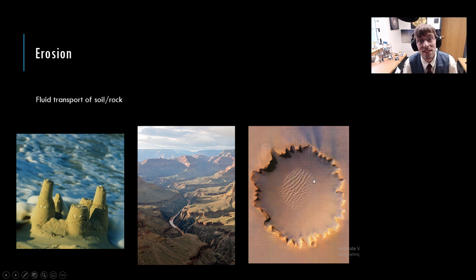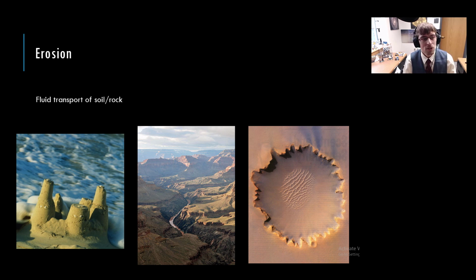Of course, this is not the Earth. This is a picture of Mars. So we see these erosion processes not only on Earth, but on other planets as well, which is why we're going to be using some of these features to look at other surfaces.